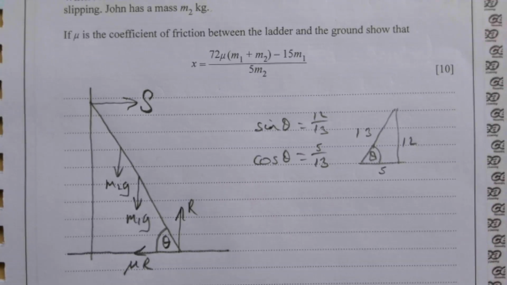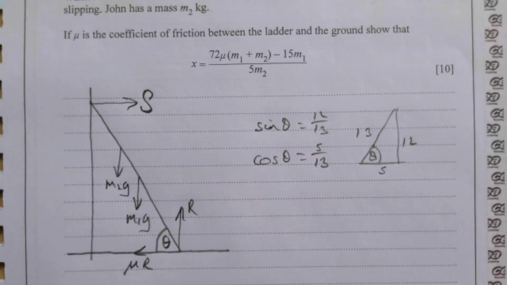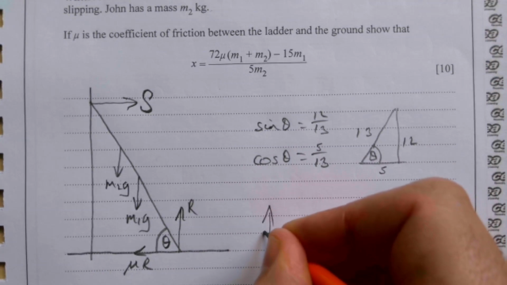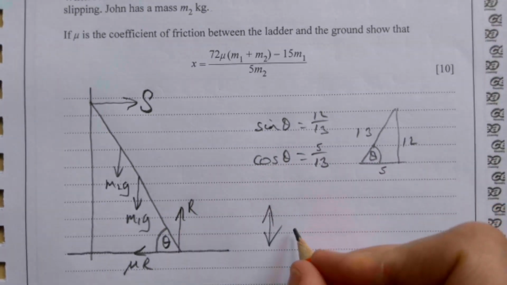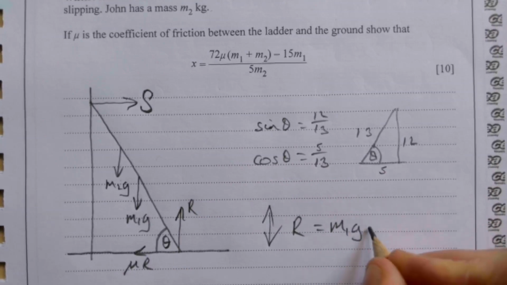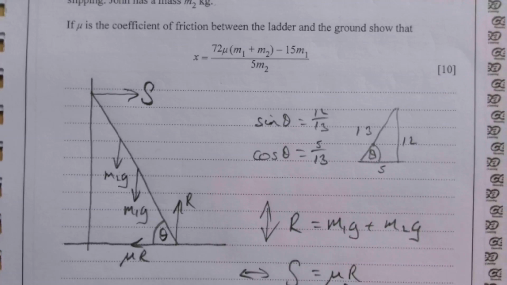Generally with these questions we're going to do 3 things you always do. Everything going up equals everything going down, and everything going left equals everything going right. So resolving up and down first of all, and then take moments about somewhere, R equals m1g plus m2g. Going this way here, we're going to have then S equals mu R, and so you can already substitute this in.